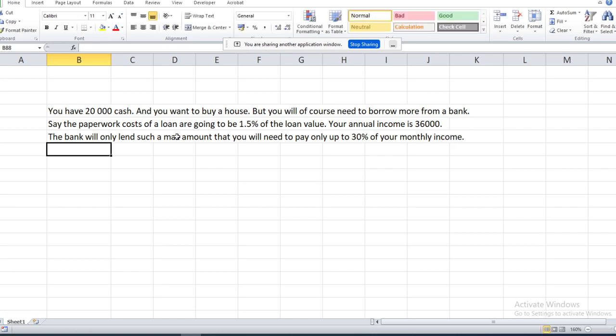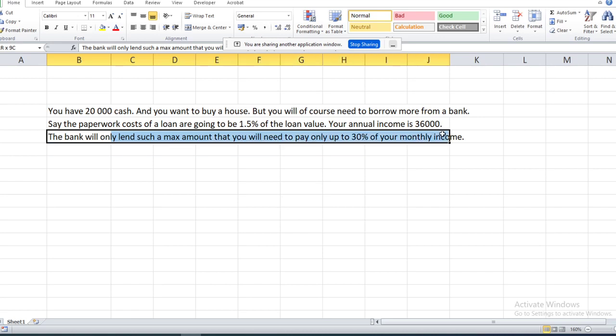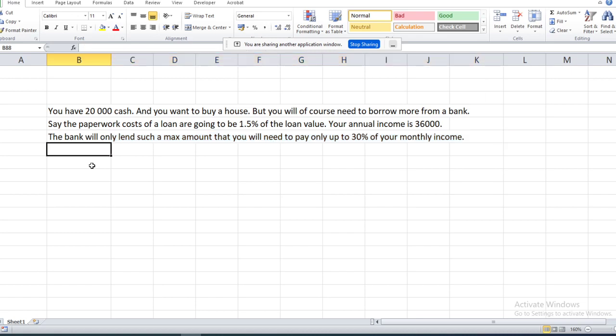Okay, the bank doesn't want to lend you too much money, because if you borrow too much compared to your annual income, then there is a greater chance that you will not be able to pay back, right? So they only lend you as much so that the monthly payment for the mortgage is not going to exceed 30% of your monthly income, and your annual income is 36,000.